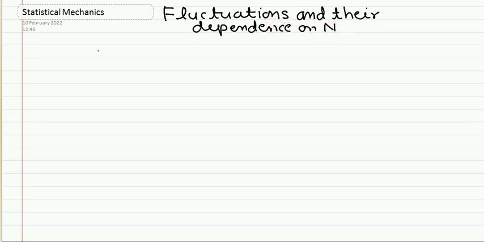When we say fluctuation, it means fluctuation from something. What is that something? That something is the most probable state.